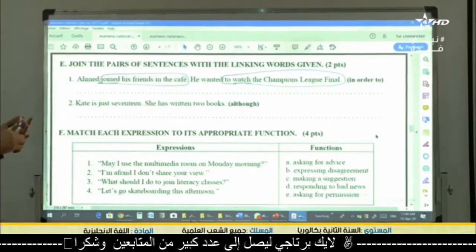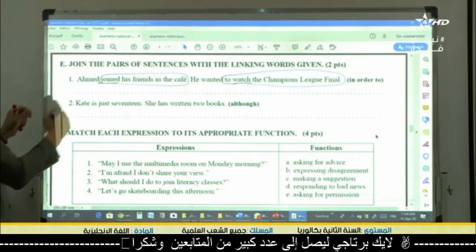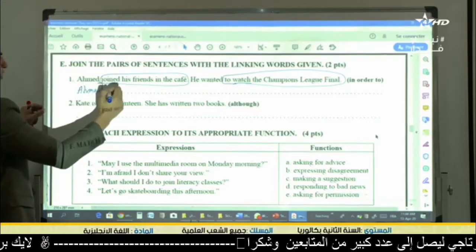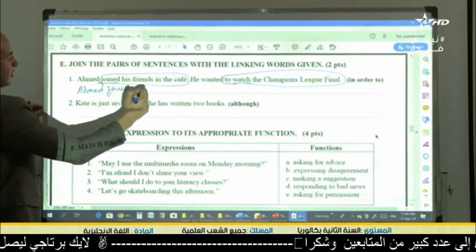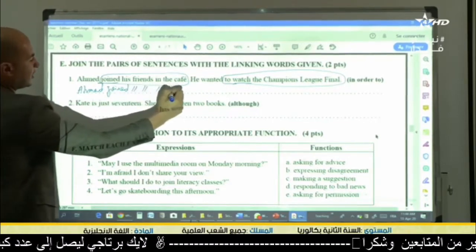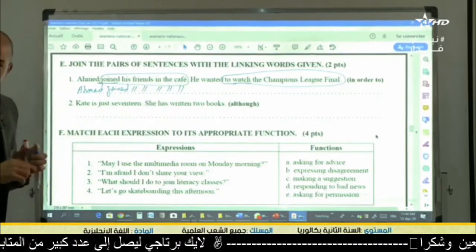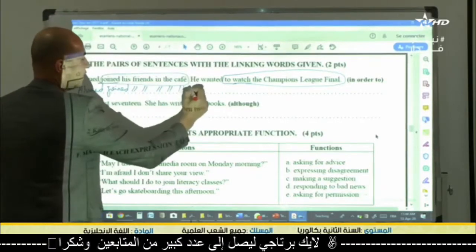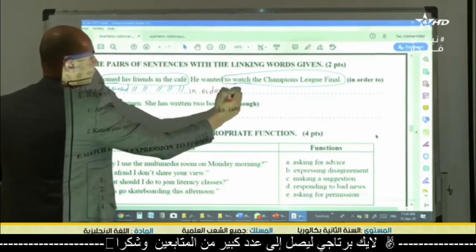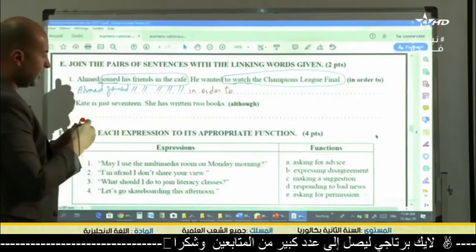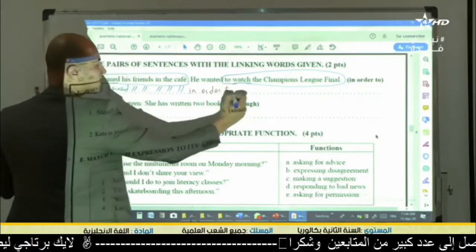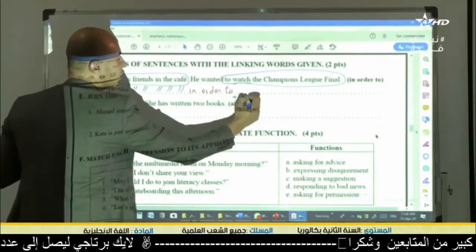Okay? So we can rewrite this sentence by saying that Ahmed joined his friends in the cafe. Why? Now the connector, the linking word, in order to. And in order to what? In order to, plus you use, please, the goal, the objective.